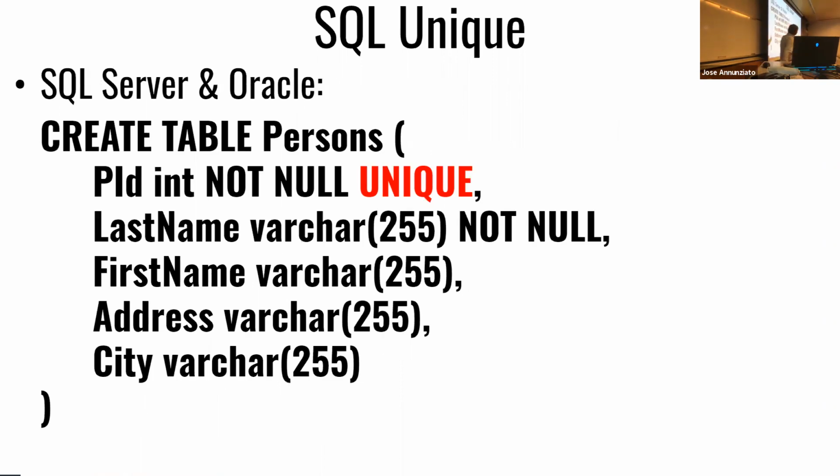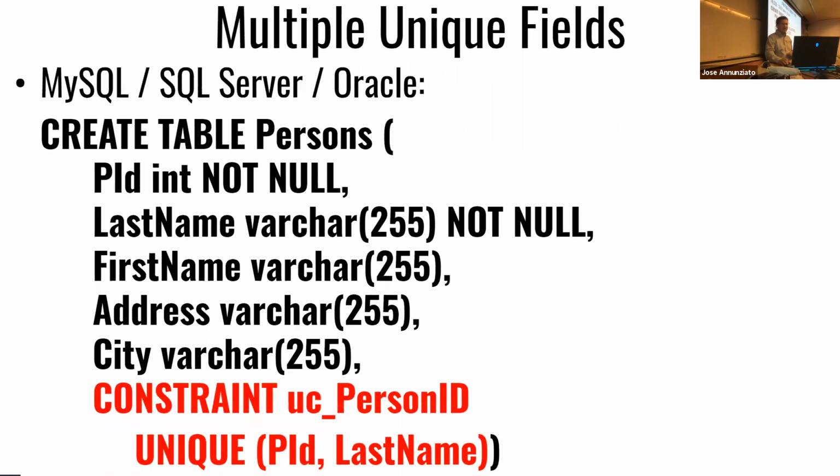In SQL Server and Oracle, the syntax is slightly different. You put unique right next to the field, as opposed to on a separate line. So again, in whatever database you're actually going to be using, make sure you read the documentation. You can combine multiple fields and say that the combination of these two fields has to be unique.